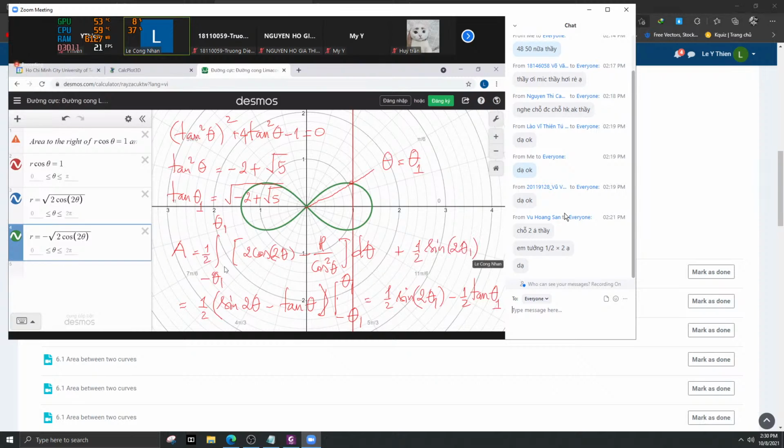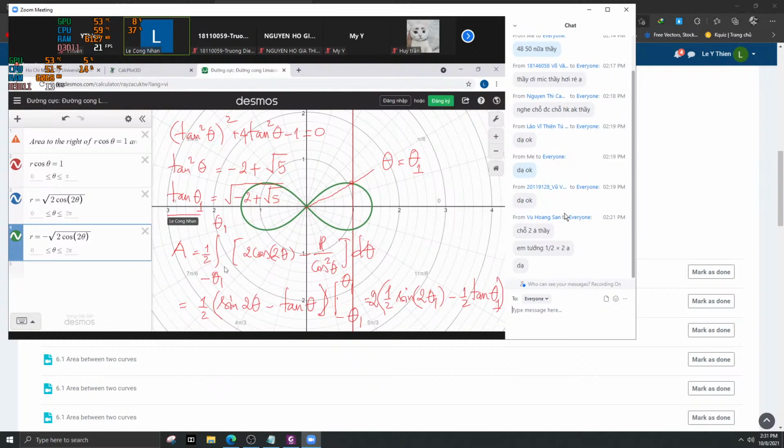Similarly, we have minus 1/2 tangent of theta 1, and therefore we get multiplied by 2, because we have the tangent of theta 1.